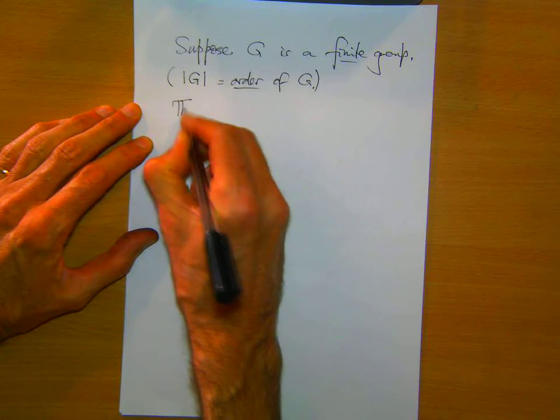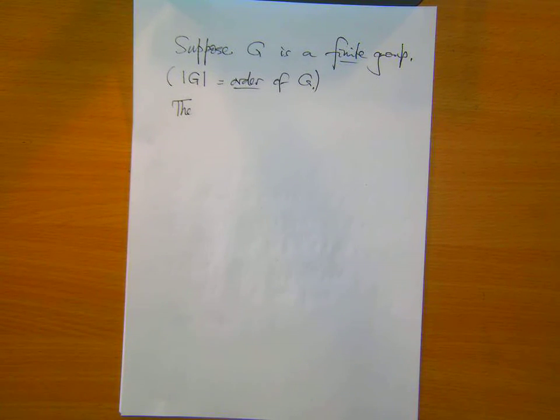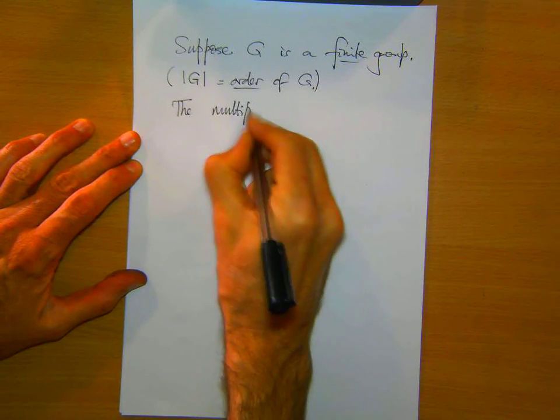Well, for a finite group, we've got a binary operation, and if we've got a binary operation on a finite set, we can draw its multiplication table. We can do the same thing for a group, and we were doing a bit of this in tutorials yesterday. The multiplication table for a group, again for historical reasons, has a special name.